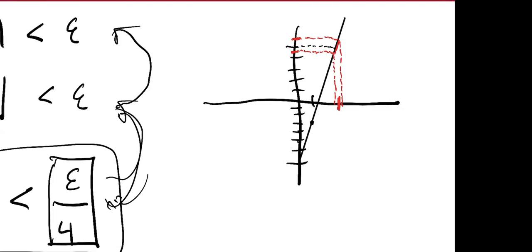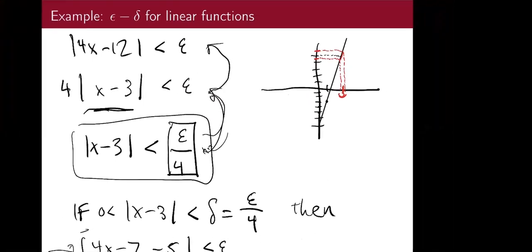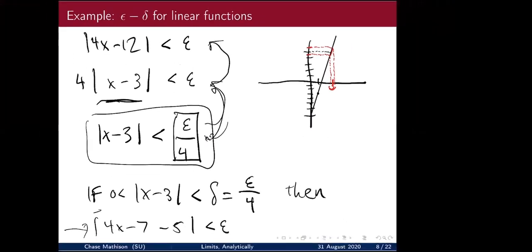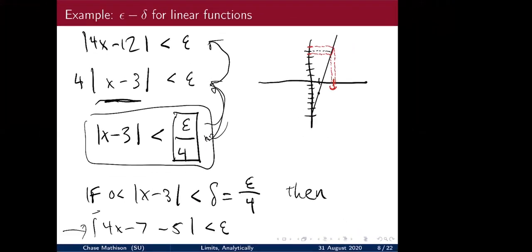The whole point is to try and find how wide that little band has to be. And that little band has to be epsilon over 4. That's what we're finding there. Okay. I'll draw a better graph and upload it after class, just so everybody knows.